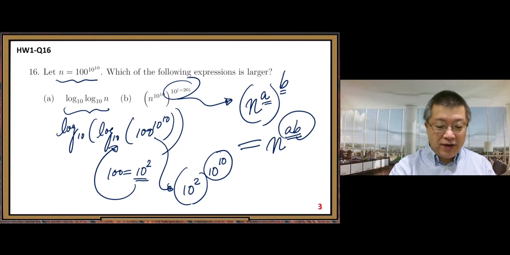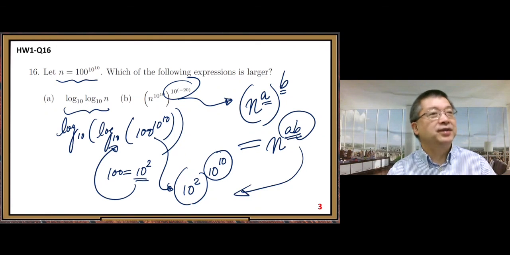Then you compare with the first expression. How about that?